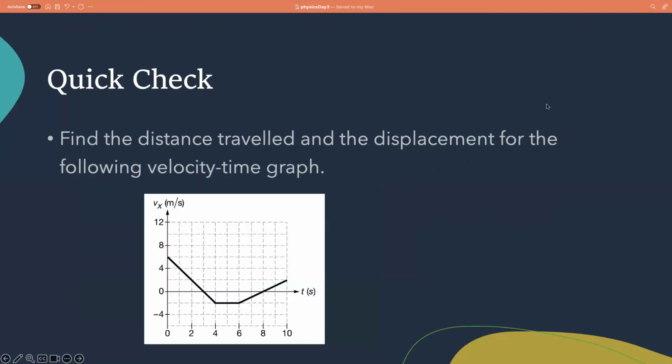All right, so we have another velocity time graph, and I want to try to find the distance and the displacement for this one. Remember area and how big a box is.